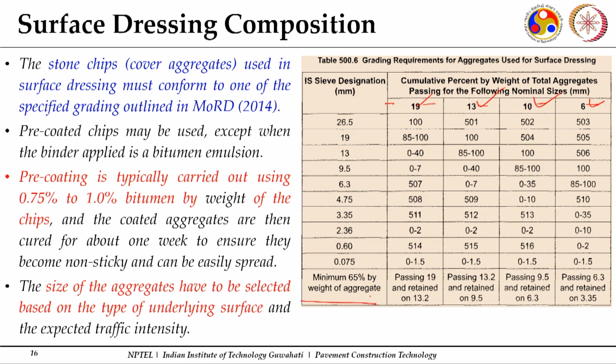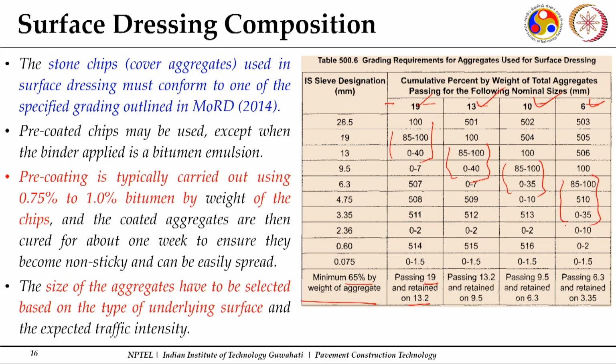Along with it, since this will be a uniformly graded material, it mentions that a minimum of 65% of the material should be passing 19 mm and retained on 13.2 mm. Specifically, this is for the first one with 19 NMAS, then it is for 13.2 and 9.5. It is for this particular range. When it is 9.5 and 6.3, it is for this particular range, and 6.3 and retained on 3.35. So this is for this particular one.